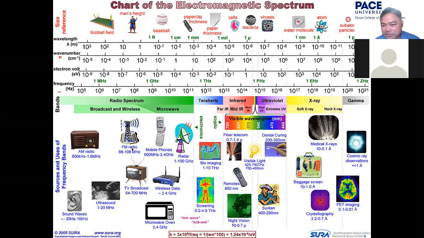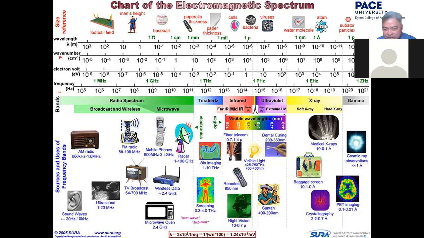I don't know if you're still familiar with what a radio is. The microwave is included in that. Then you go to the infrared, with applications in the airport, in the screening. It's usually in the microwave and terahertz region.